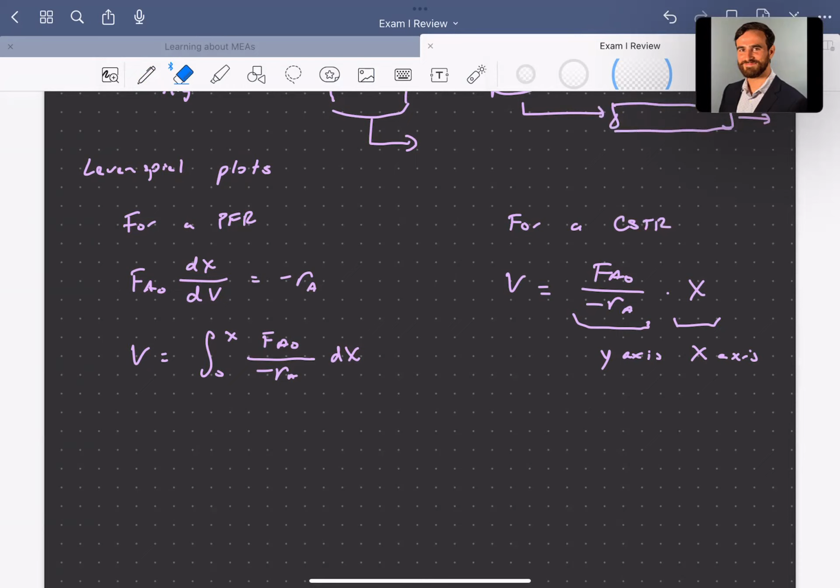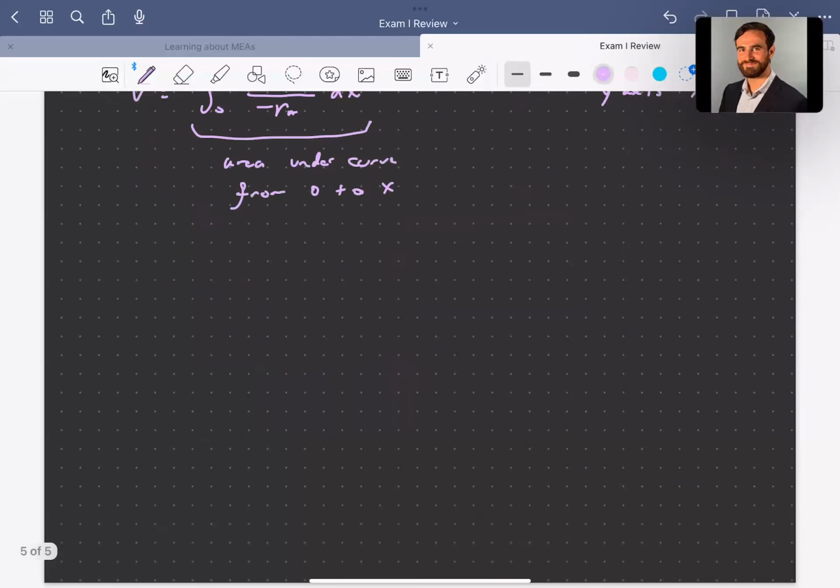And for the plug flow reactor, it's going to be the area under the curve from 0 to X. You can see those limits of integration being 0 to X.